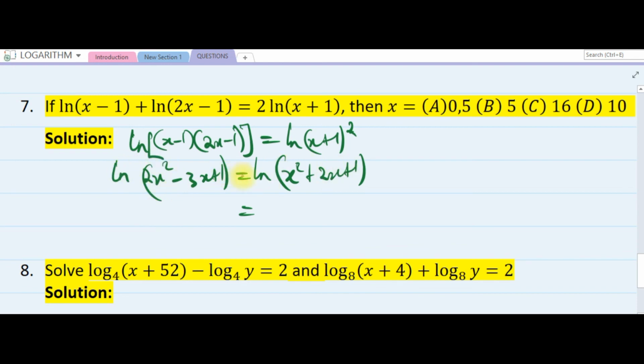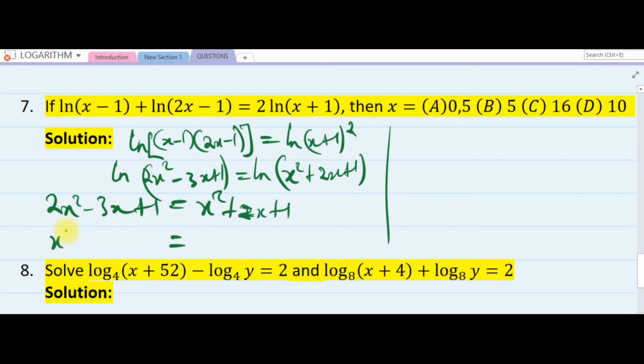We have ln here, we have ln here, which implies that 2x squared minus 3x plus 1 must be equal to x squared plus 2x plus 1. So collect like terms. 2x squared minus x squared, you have x squared. Minus 3x minus 2x, we have minus 5x. Plus 1 minus 1 is 0, so equal to 0.